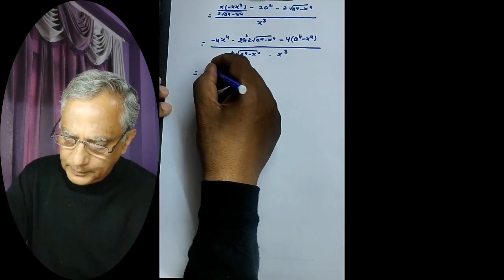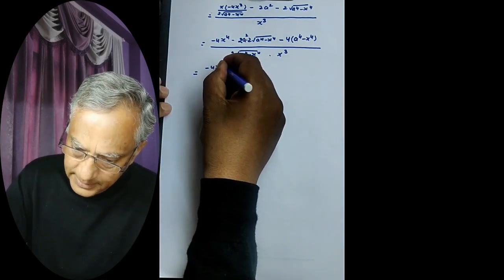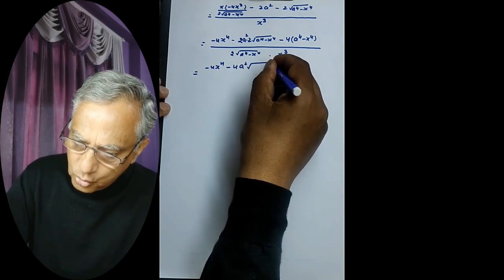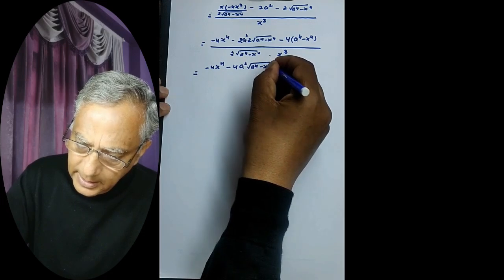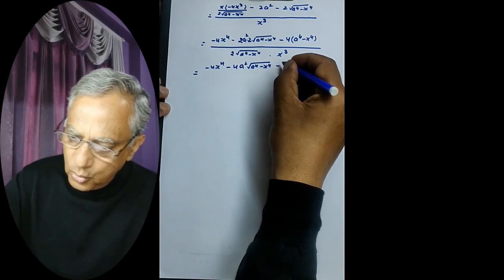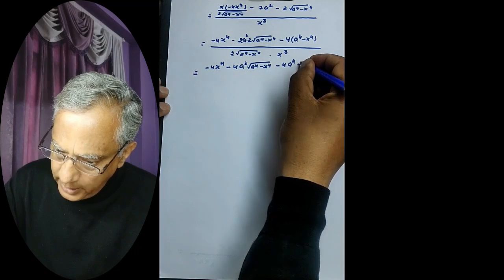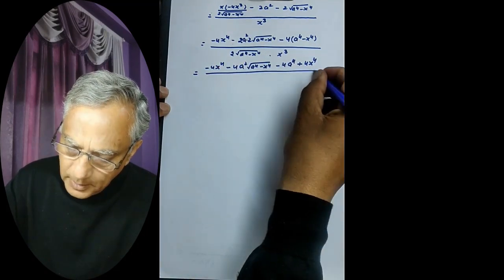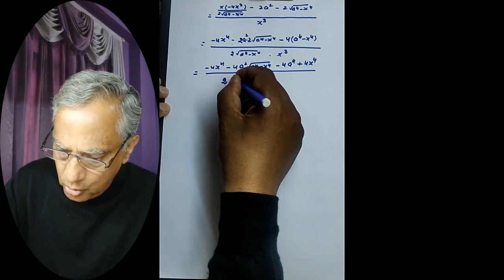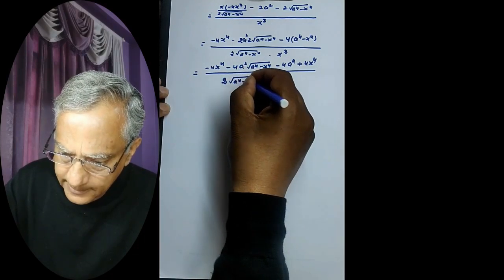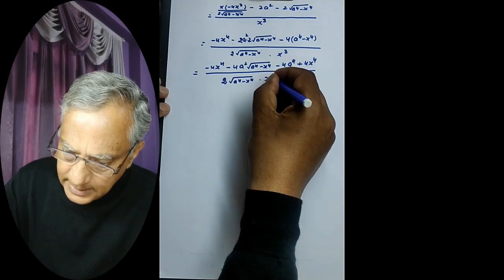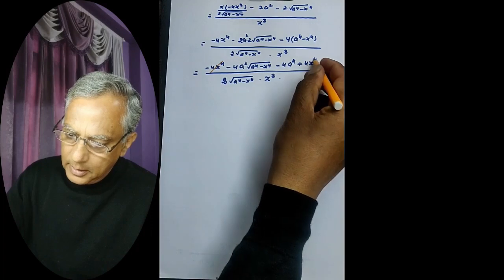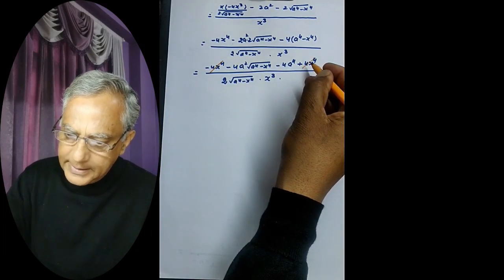This is equal to minus 4x^4 minus 4a² under the root a^4 - x^4 minus 4a^4 plus 4x^4, whole divided by 2 under root a^4 - x^4 into x³. Now these two terms cancel.